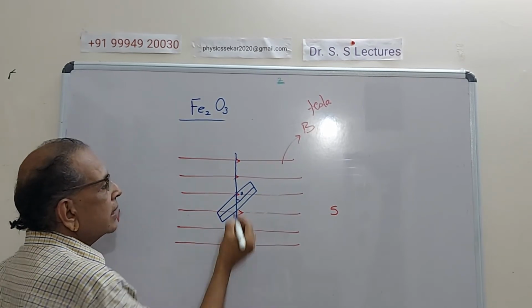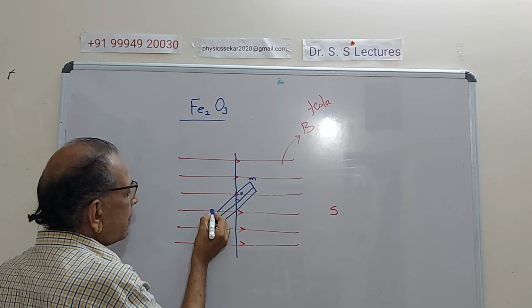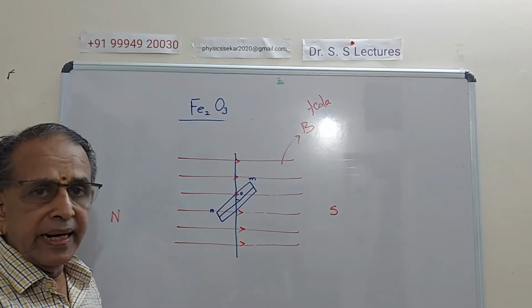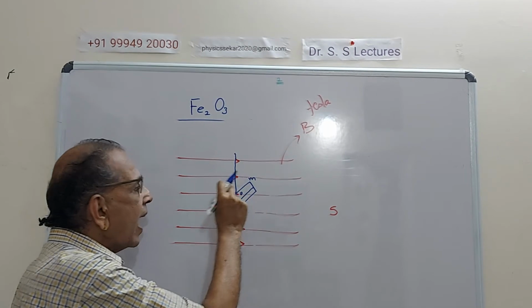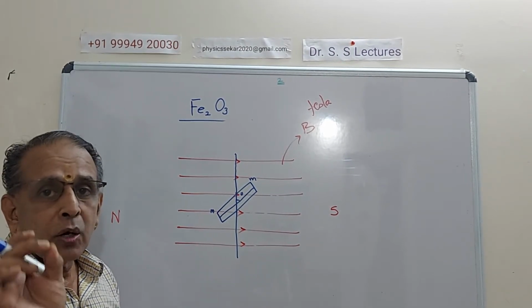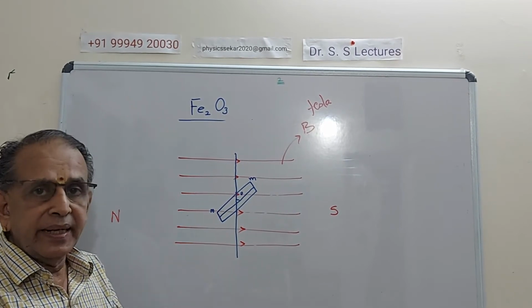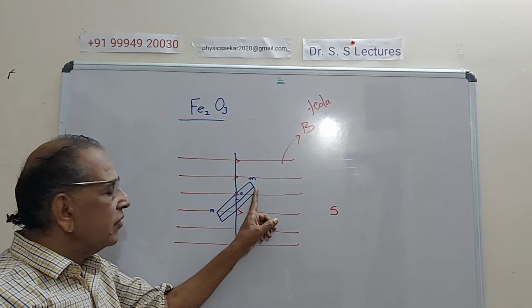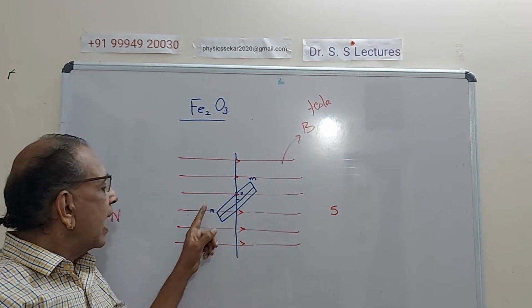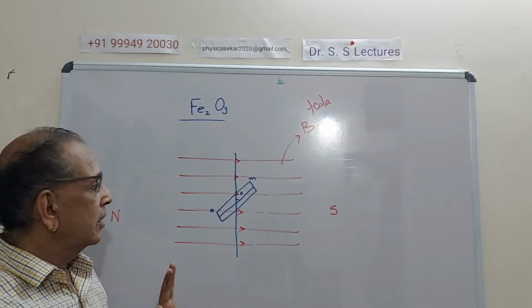This has got a pole strength M. Remember, for a magnet, the pole strength of the north pole and the south pole will be the same.